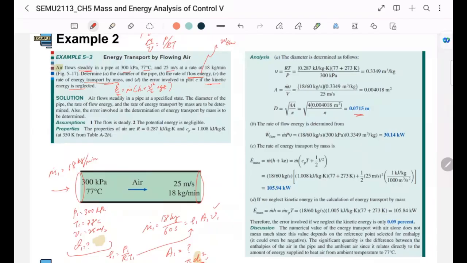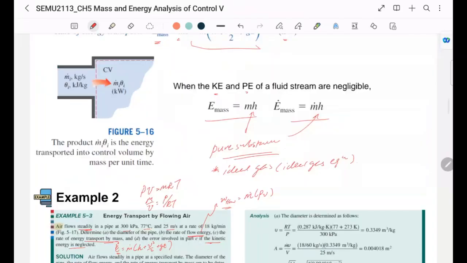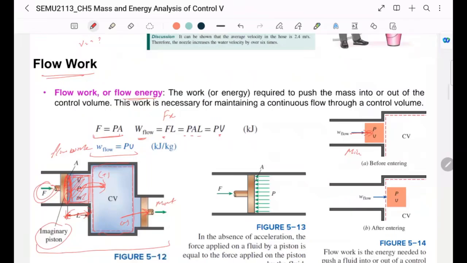Second is the flow energy. Okay, so for flow, we know that is basically m dot multiply with PV, because of this equation.